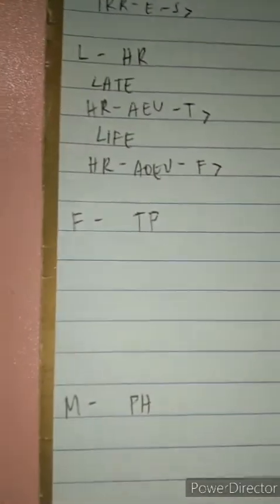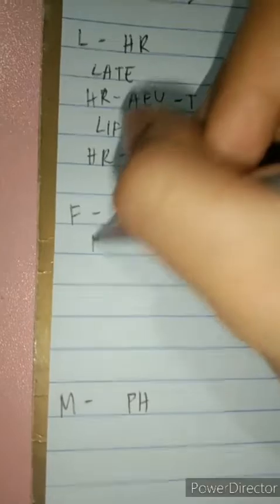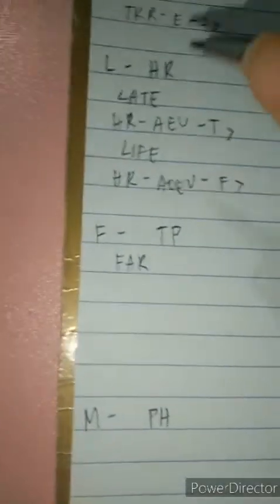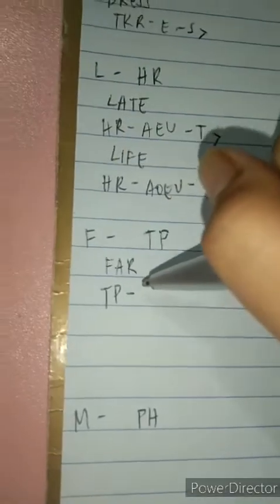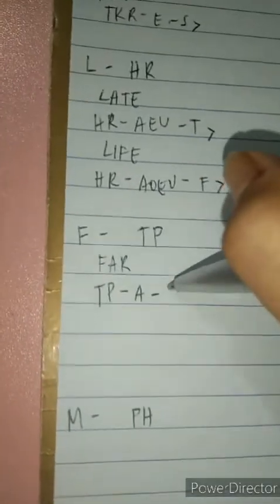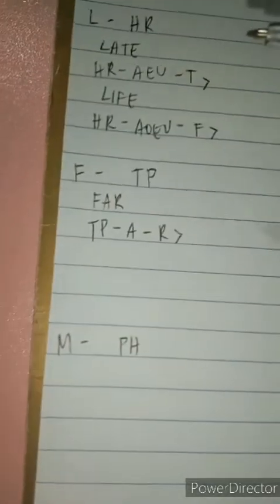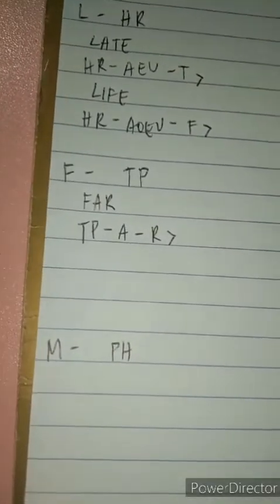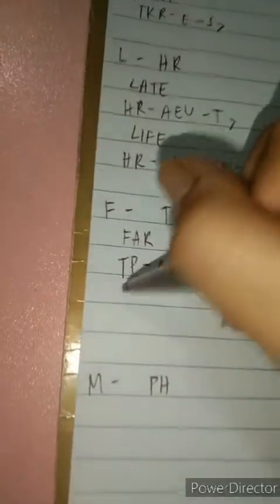And the next, F, represented by T and P. So, example, far. So, TP. Then, short A, and then, ending sound R, and then, release. That's how easy it is. And then, the word free.